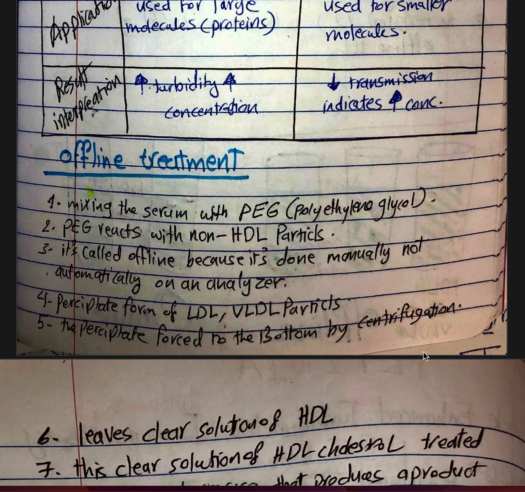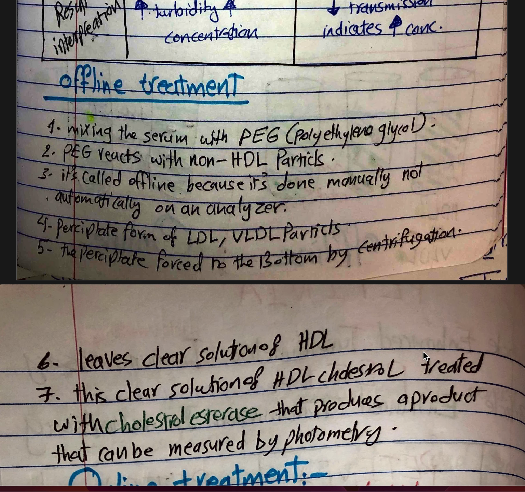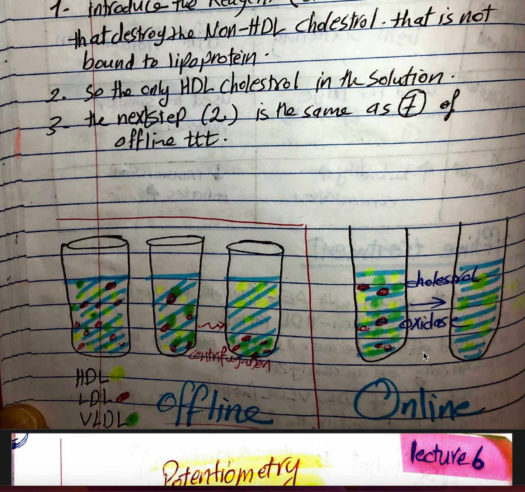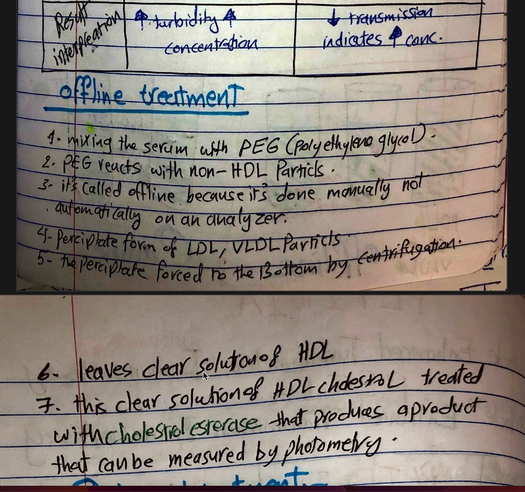And now we want to understand what the offline treatment is and what the online treatment is. So for the offline treatment, what we can do is mix the serum with polyethylene glycol. Okay, I will describe the drawing here.